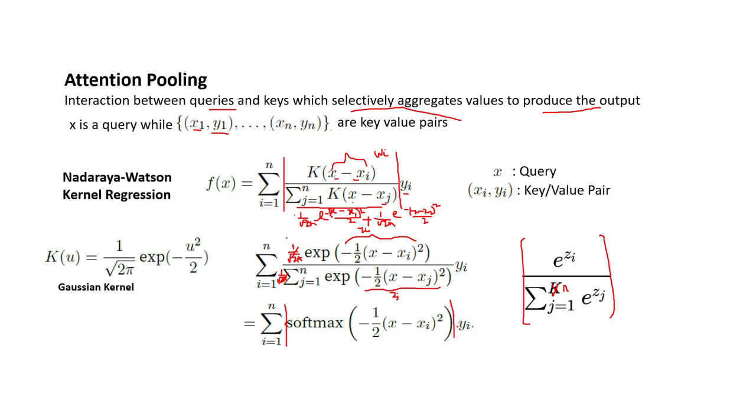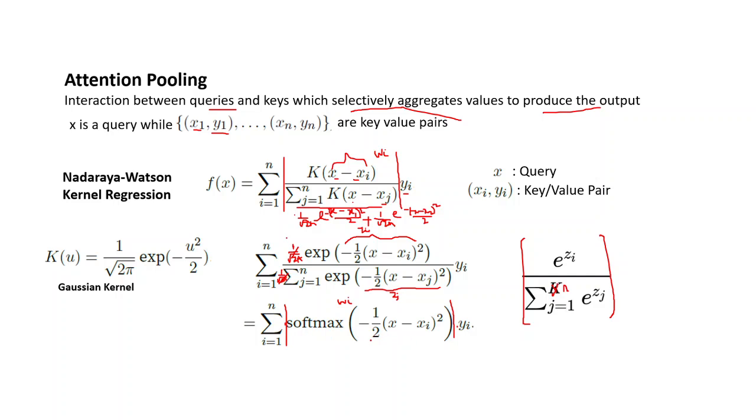This is your weight function. So why are we actually doing this? We are doing it because we are trying to build this attention pooling function using whatever we already have in the artificial neural network. Softmax function is something we already are dealing with, so naturally we are converting this into this.